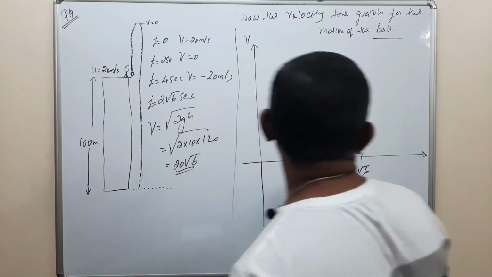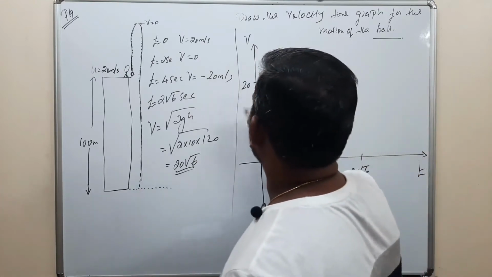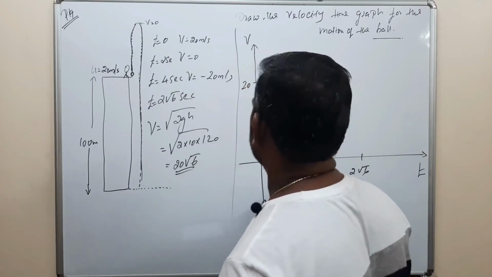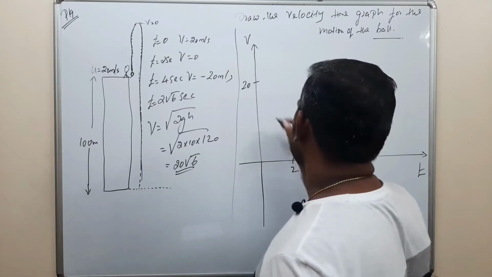At t equals 2 seconds, velocity is equal to 0.